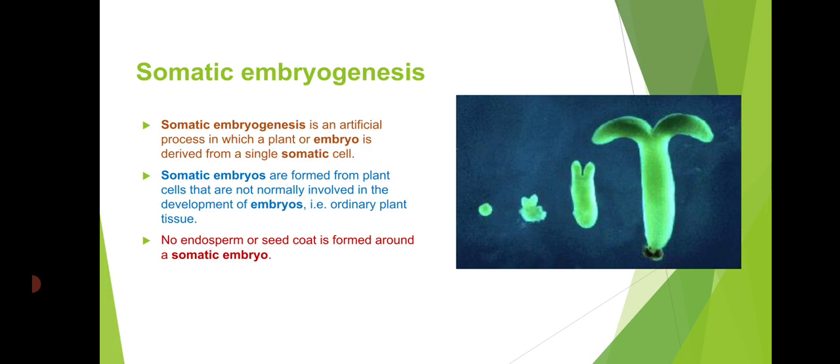On many such occasions, for experimental purposes, we are in need of seedlings or seeds or embryos. What will we do? On such occasions we can utilize plant tissue culture methods.